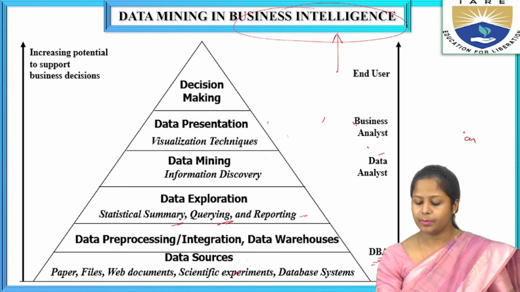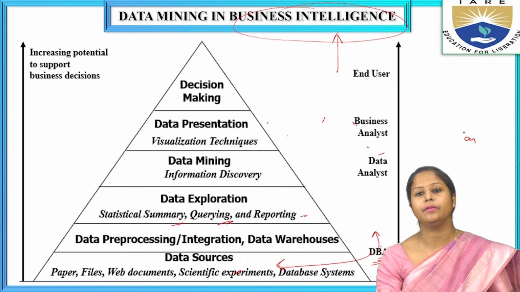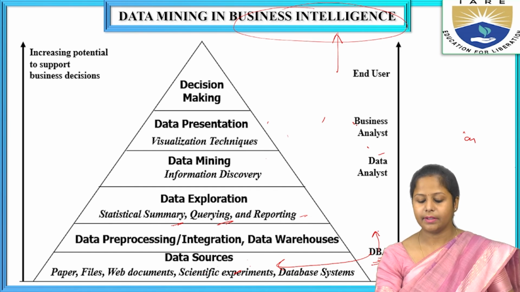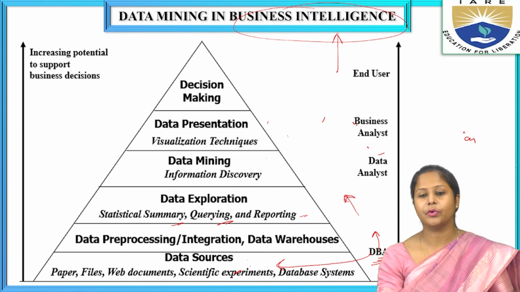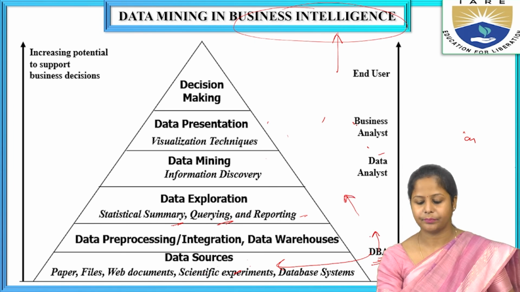Here the database analyst uses the data from the different sources, and then pre-processes and integrates that data, and then takes that data from the different warehouses. He stores that data in the different data warehouses. Then the data is explored for different reporting, querying, and statistical analysis.